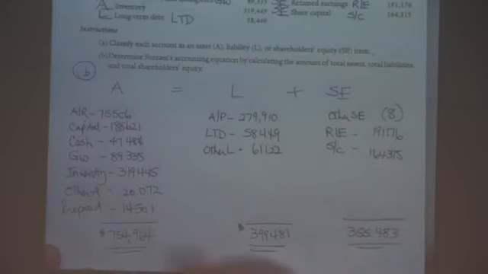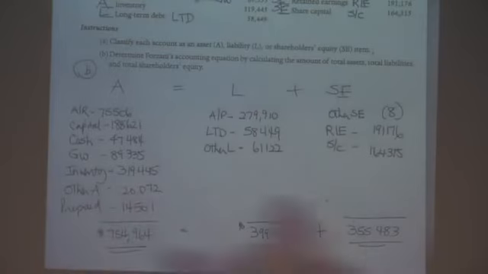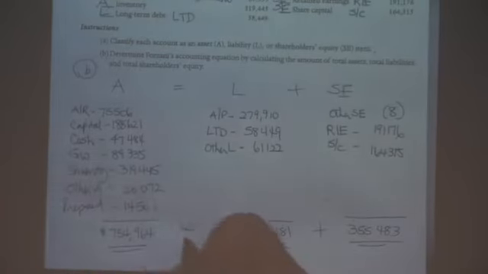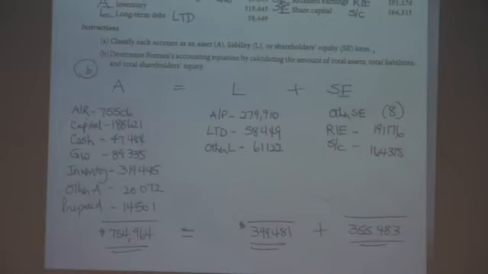And you can see when you add these two together, it equals A. So that's the beauty about accounting, is that the balance sheet should show the equation A equals L plus SE. There has to be this equality because we know that accounting is all about a double entry system. So every transaction has at least two accounts affected. So by that rule, we know that if we do our jobs right, the equation should balance.